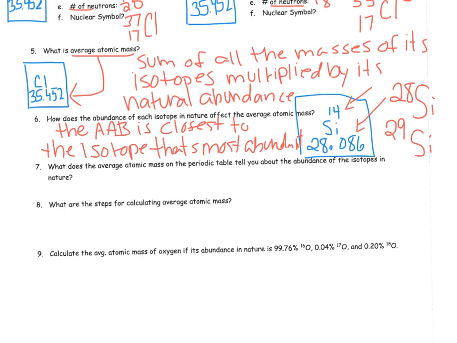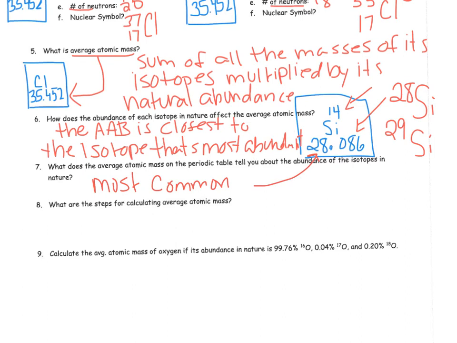So what does the average atomic mass on the periodic table tell you about the elements in nature? And that's really just who is the most common. I mean, we know that silicon 28 is more common than all of its other isotopes because the average of all of its abundance is closest to 28.